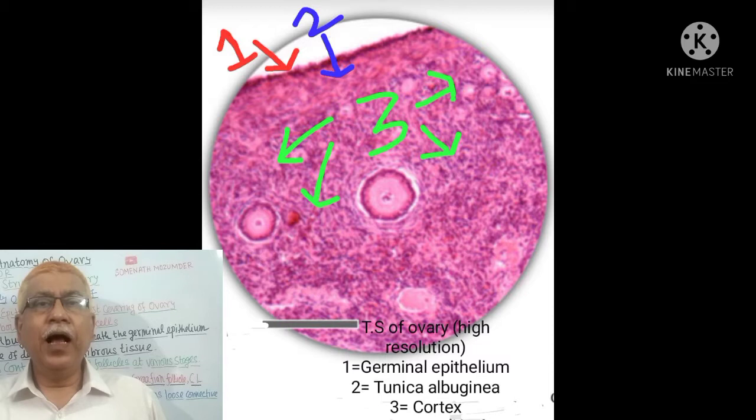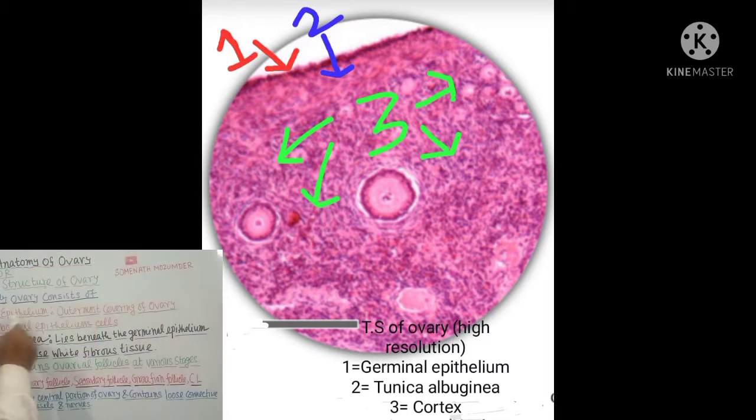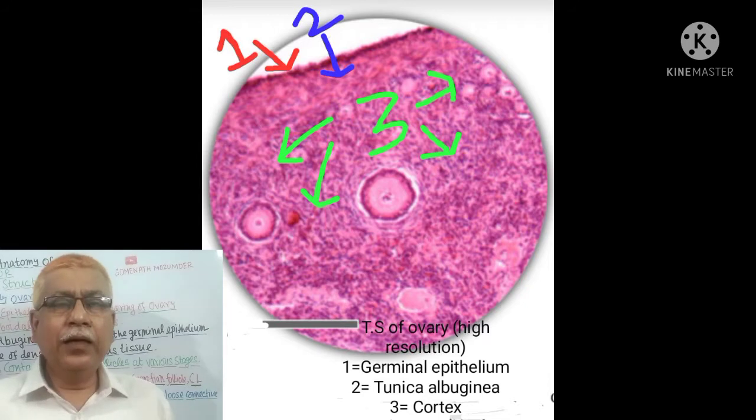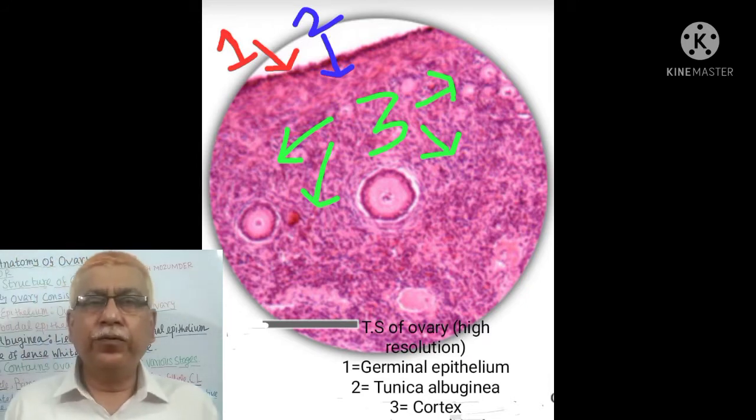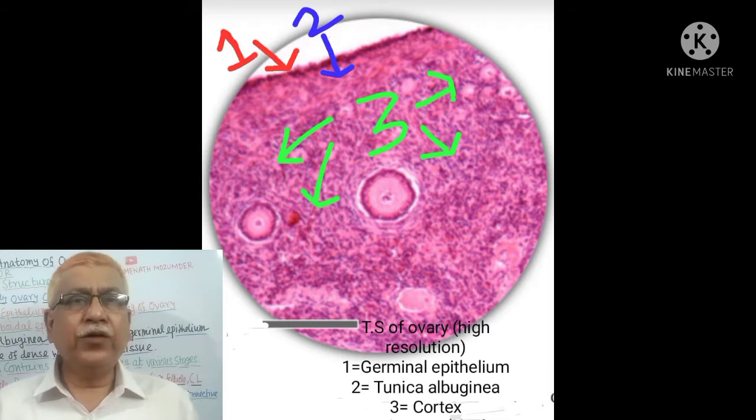This is an image of TS of ovary with high resolution. Here germinal epithelium is denoted by 1 and Tunica albuginea is denoted by 2. Cortex of the ovary is denoted by 3.